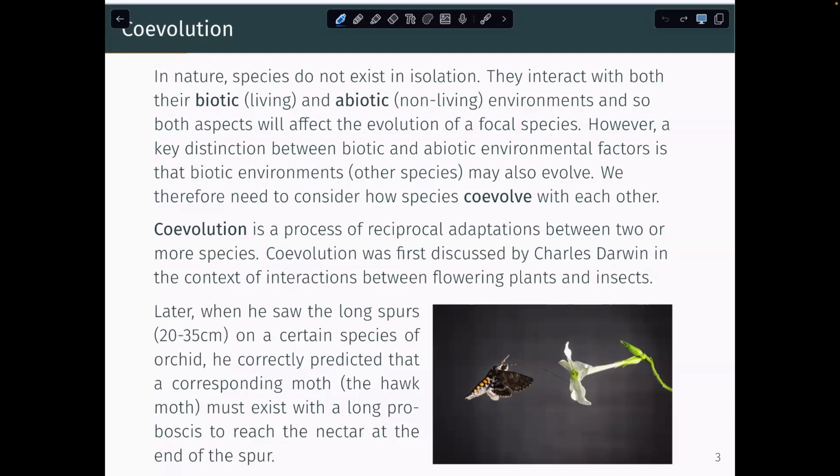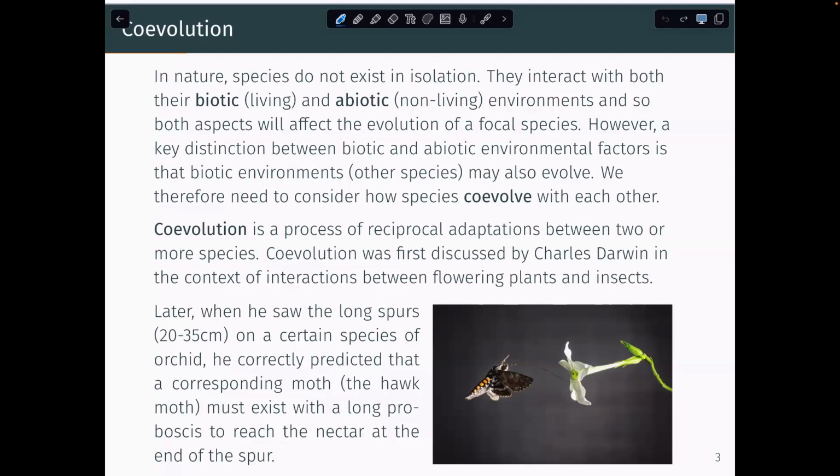And then one of the really interesting early ideas about coevolution was the identification of this orchid here that had this really long spur. So the nectar for this orchid is stored all the way at the bottom. But at the time, there weren't any insects or pollinators known that were able to reach this.